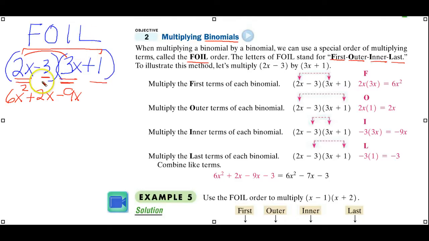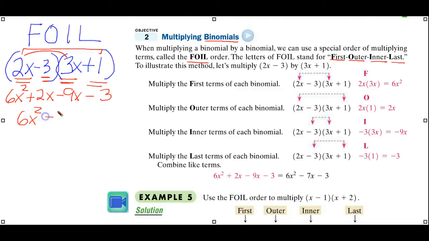And then the L is for the last. And now notice you have 2 lines under each, so you've covered everything. This is a negative 3. Now again, generally you have like terms as your 2 middle terms. So you then go 6x squared.